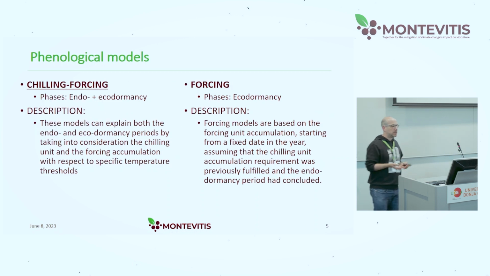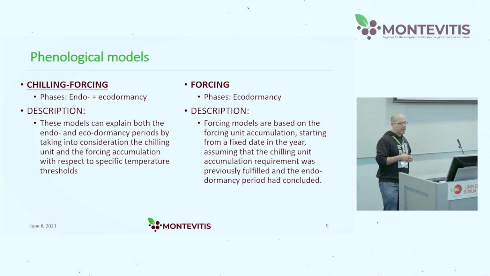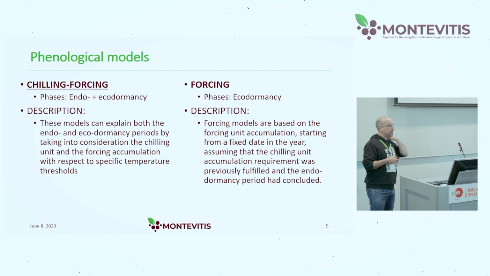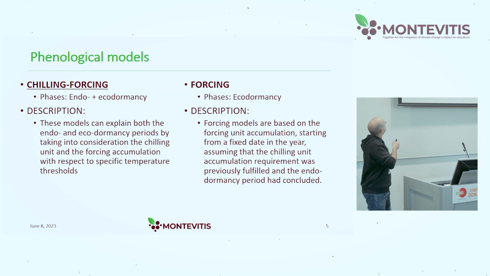And this is the differentiation of the two main types of models for estimating bud break. The chilling-forcing models have two different phases, in which the chilling phase is for the endodormancy period and the forcing phase is for the ecodormancy period.